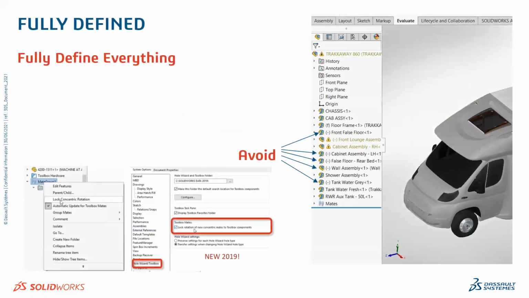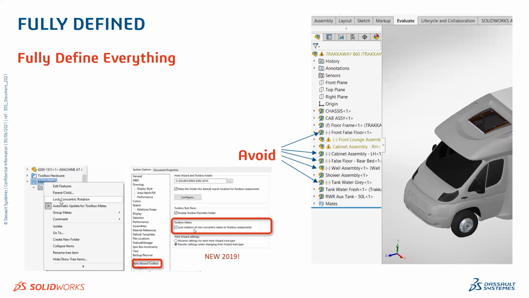This is another issue. We are always in a design hurry, so instead of fully defining, we always leave some mates as they are, without fully defining.